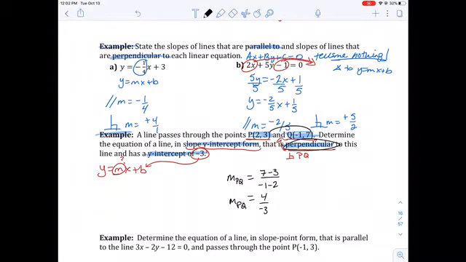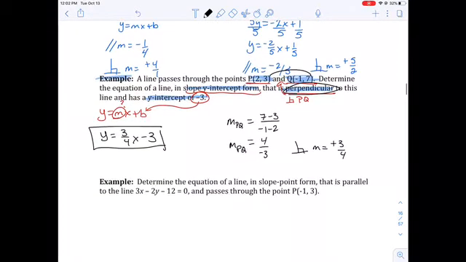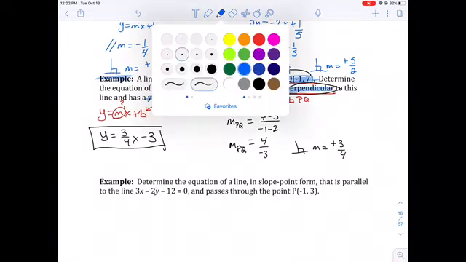We want a perpendicular slope, so the perpendicular slope is positive 3/4. So that's going to go in here. We get y equals 3/4 x minus 3. So we really had to be detectives there and figure out what we were asked to find. Okay, let's try the next example together.